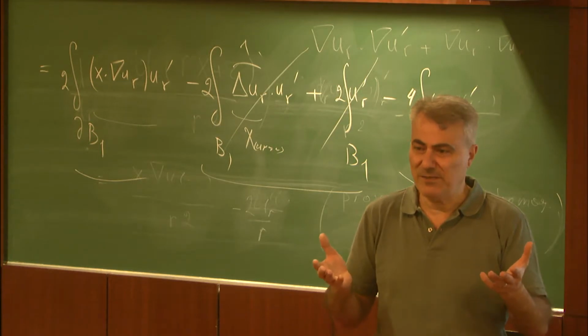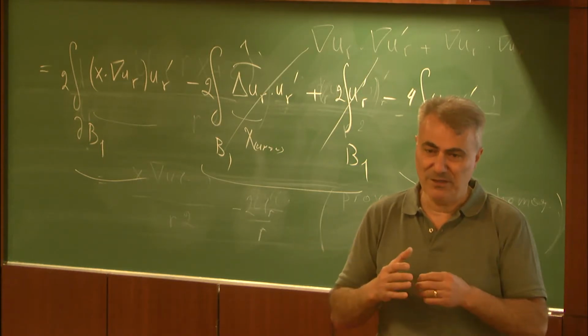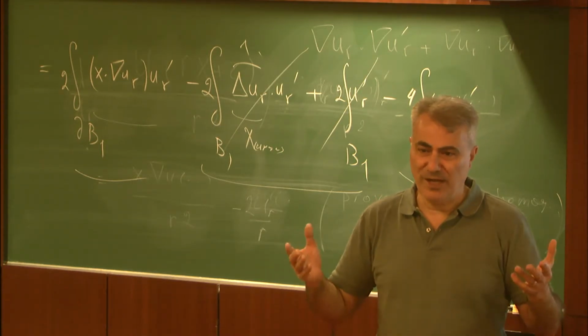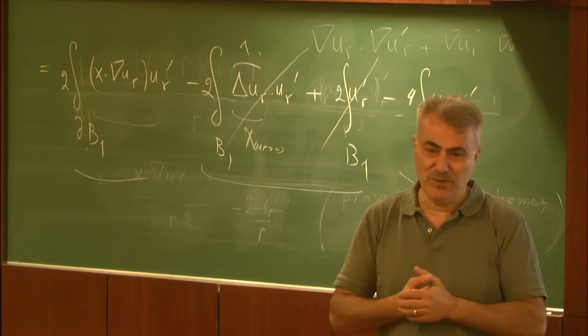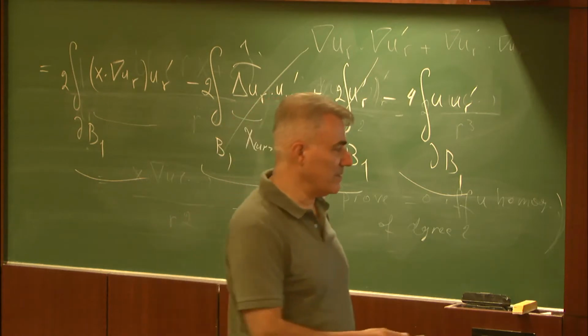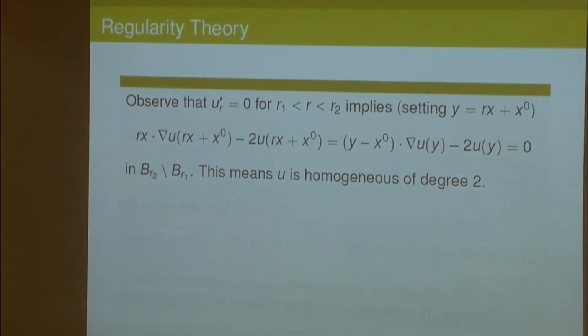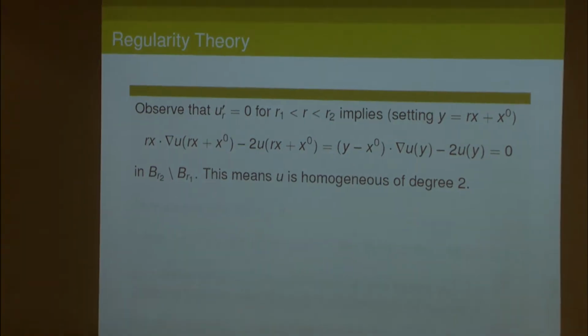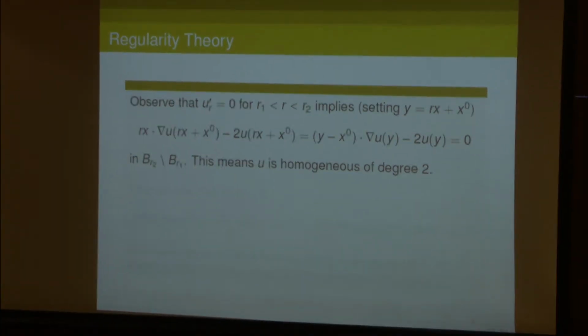This is the largest possible value you have if you have a classification. So it means that your solution has to be homogeneous in that particular case. So these are the things that we will now play around with. This is something that I just show here for you. Homogeneity.